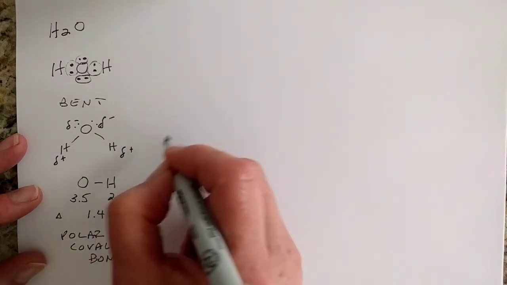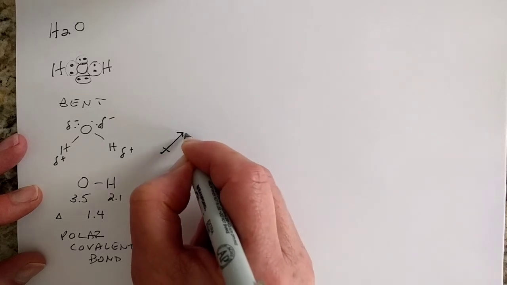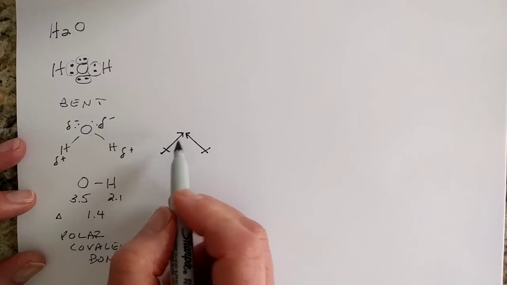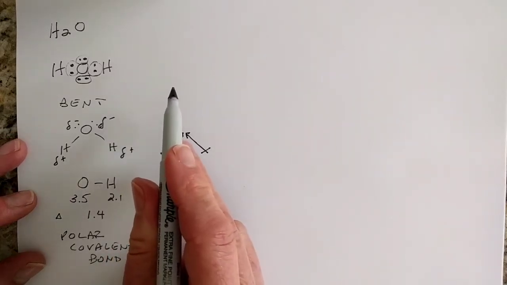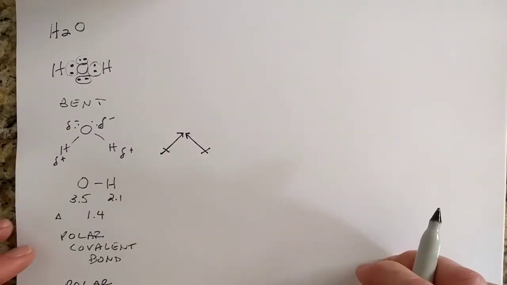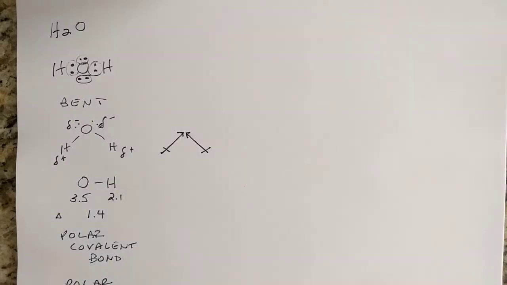So our dipoles going from the positive look like this. So they do not cancel each other out. They are both pulling up. So this is a polar molecule. And that influences a lot of the properties of water. We would not have life on Earth if water was not a polar molecule. So our dipoles do not cancel out.